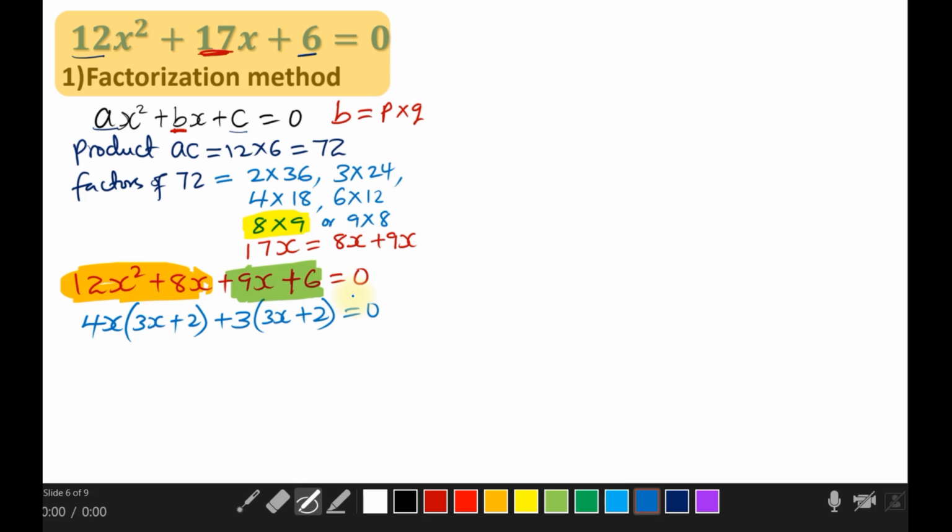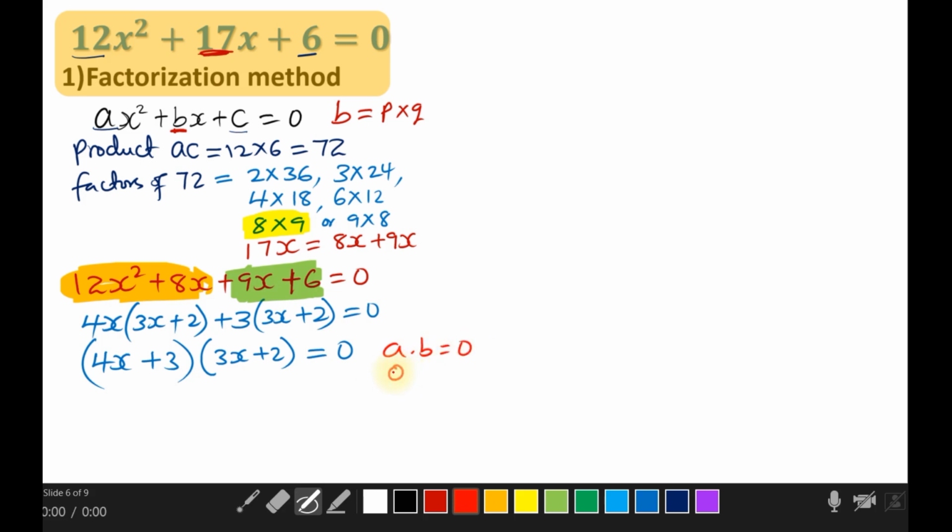And therefore, from this point now, we take 4x plus 3 in brackets multiplied by 3x plus 2 in brackets, equal to 0. So here it means that a times b is equal to 0.